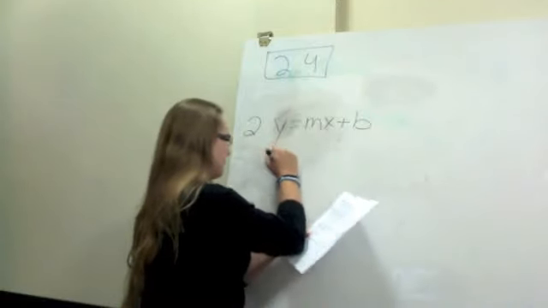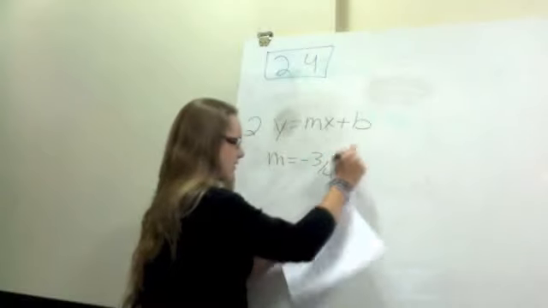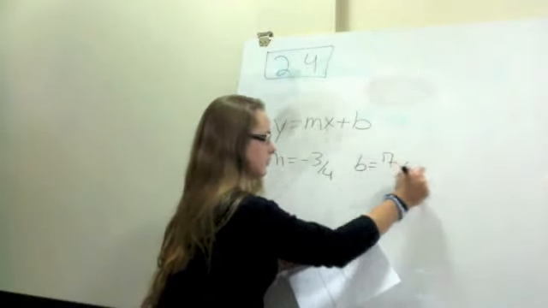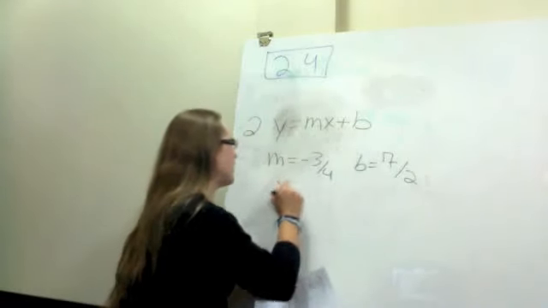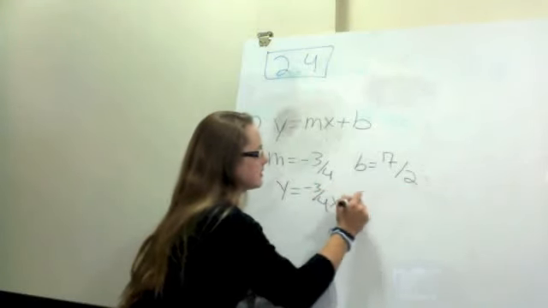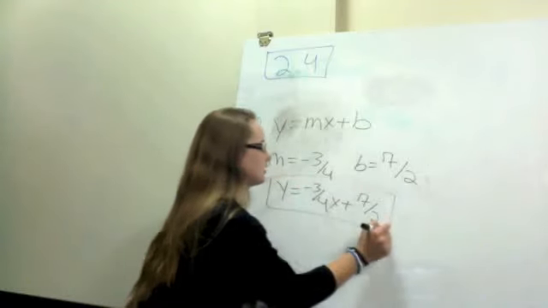So m equals negative 3 over 4, and b equals 7 over 2. So when you plug it into the equation, y equals negative 3 over 4 x plus 7 over 2. And that is your answer.